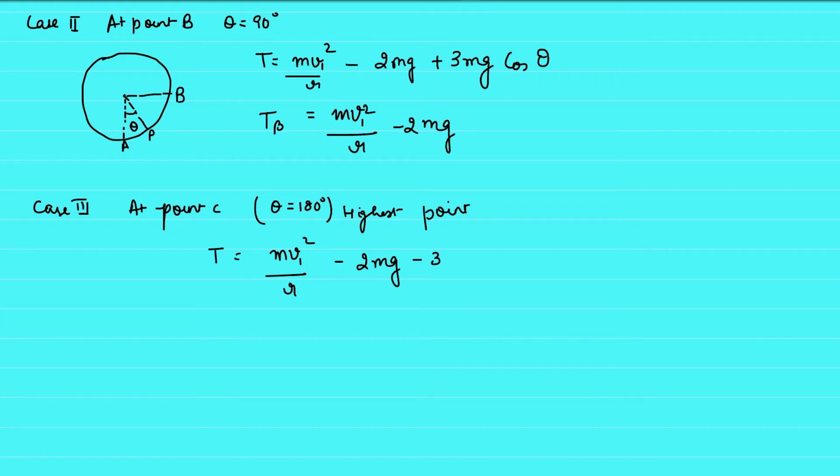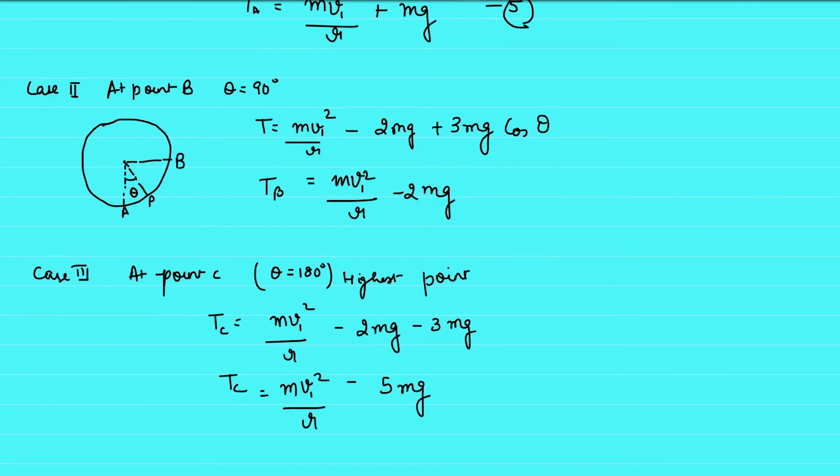So this term will become minus 3mg. So at the highest point, your tension will be equal to mv1 square by r minus 5mg. So let's mark this equation as equation number 6 and this one as 7.